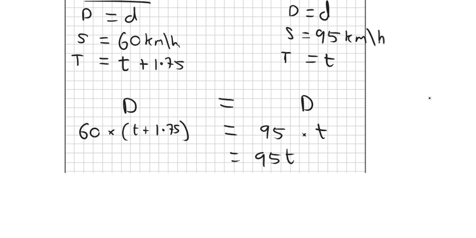Then we have to multiply the 60 by both of these, so 60T plus 60 multiplied by 1.75, and that's 105.